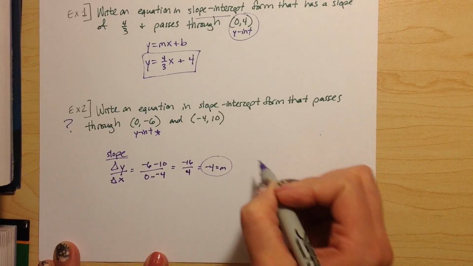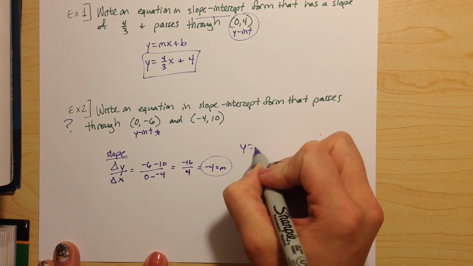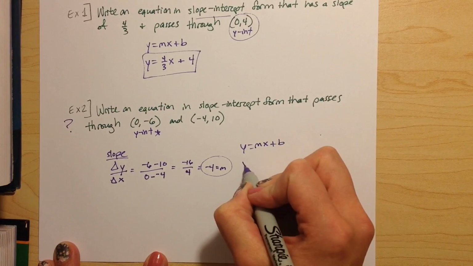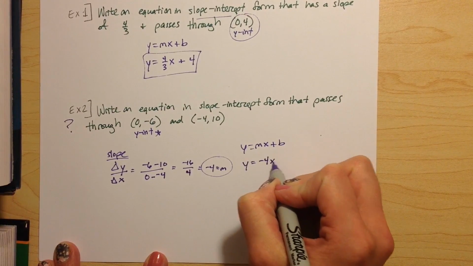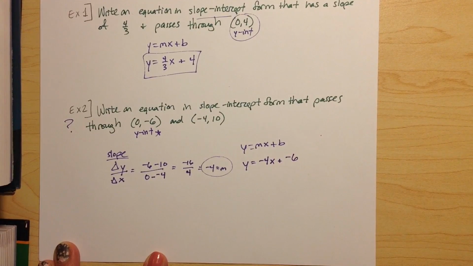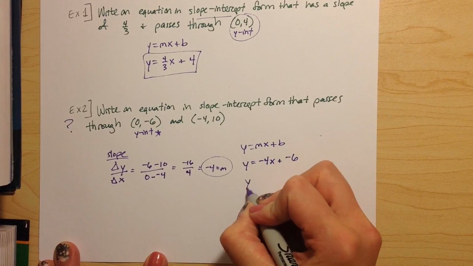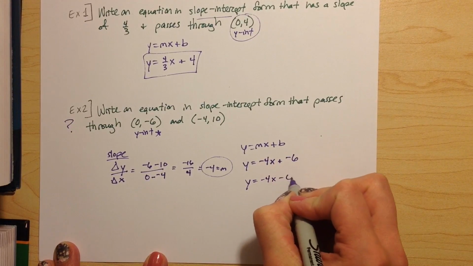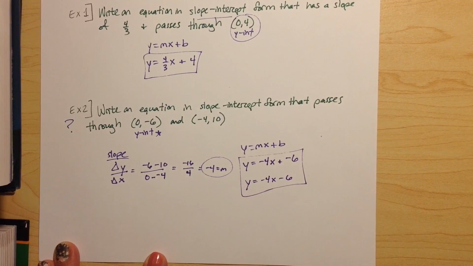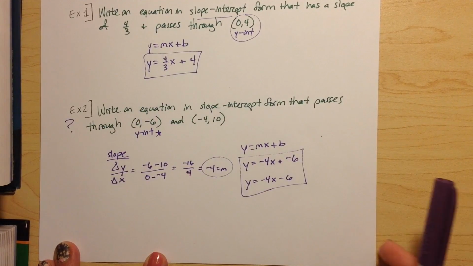So that's important. And then that's my y-intercept. Here we go. Y equals mx plus b. If you wanted to, you could make this just subtracting 6. That would be fine. Hooray. So both of those, it was really easy to use y equals mx plus b.